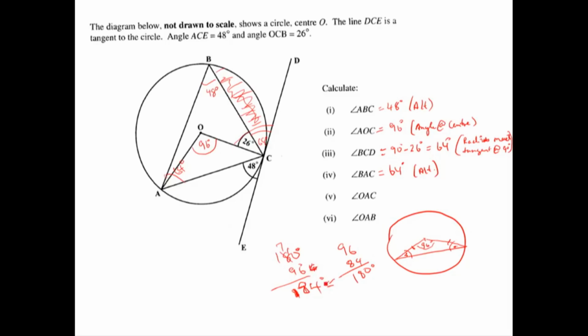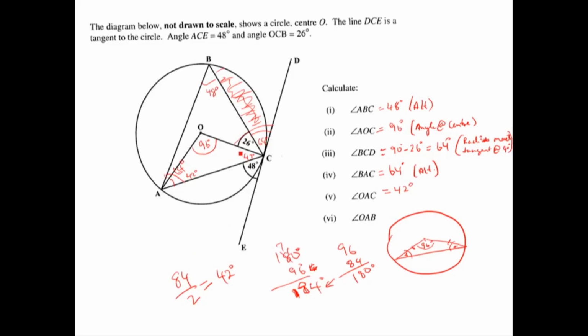So what we're going to do is take the 84 and divide it into two parts, and that will give us 42 degrees. So this angle here is 42 degrees, and this angle here is also 42 degrees. So angle OAC is equal to 42 degrees.